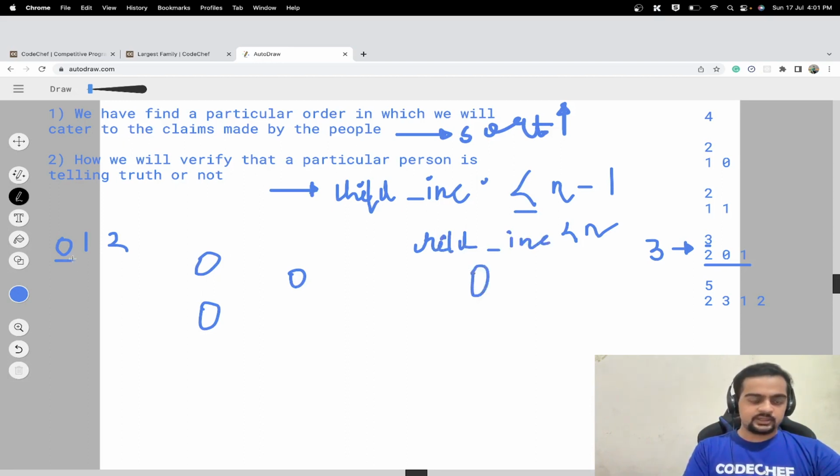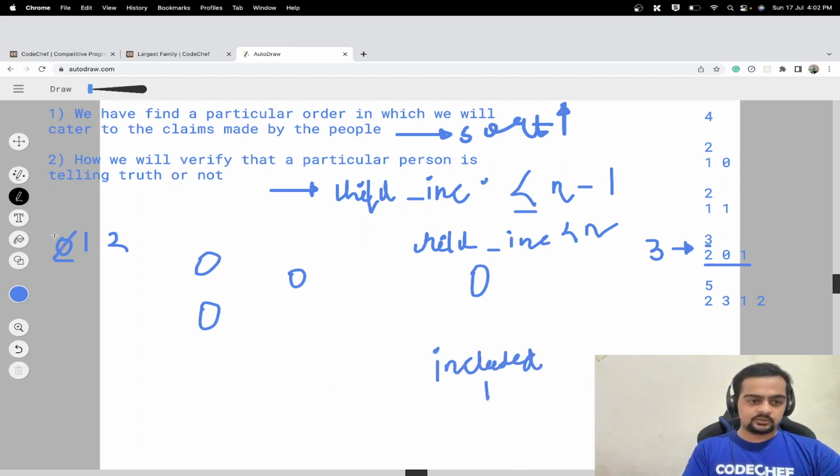Now in this iteration if we include this as well, it would not affect our children included, so it will still remain 0. But the number of included people that are telling the truth will become 1.